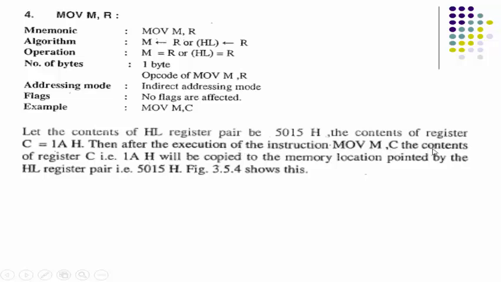Then after execution of MOV M, C, the contents of C, that is 1A hex, are copied into the memory location pointed to by HL, that is 5015 hex. At memory location 5015 hex, you will find 1A hex.